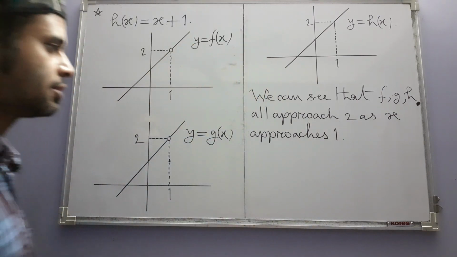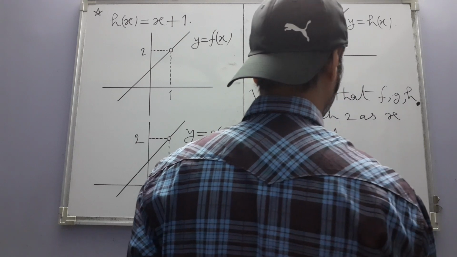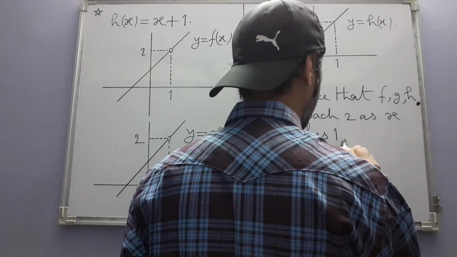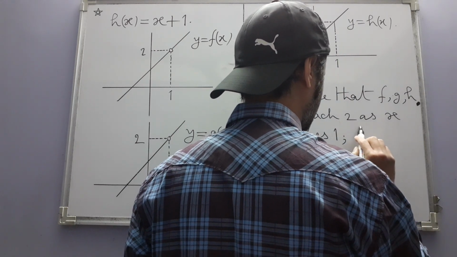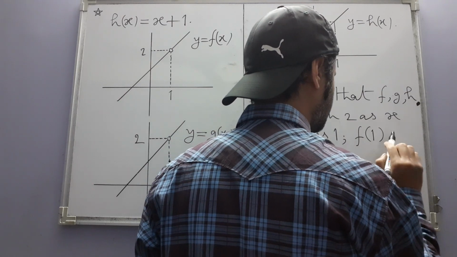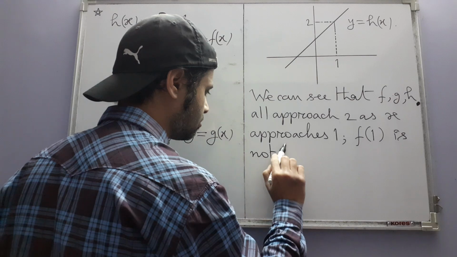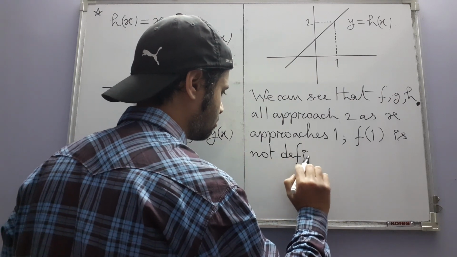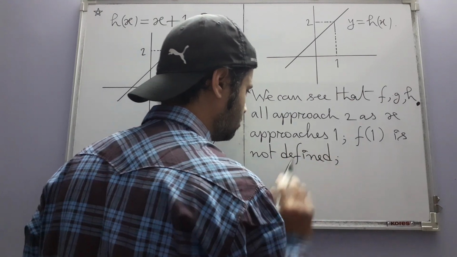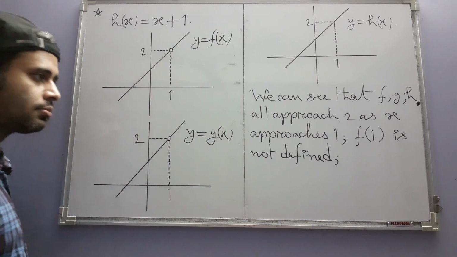But the difference is this: f of 1 is not defined. That is one thing.